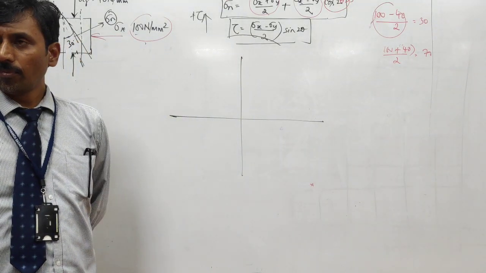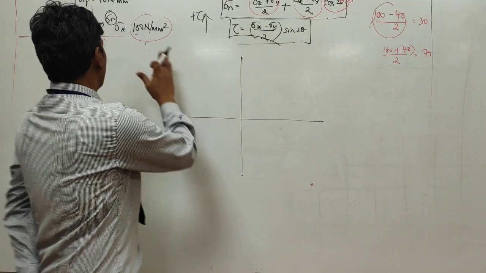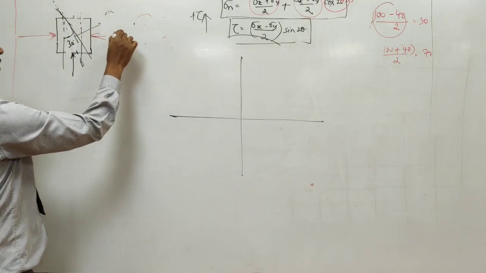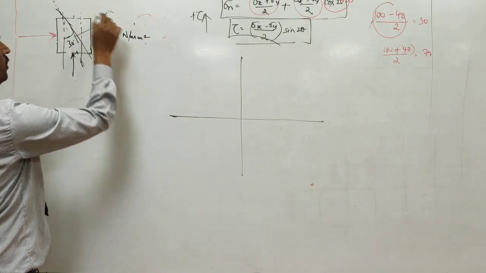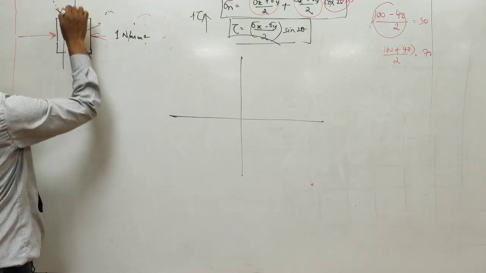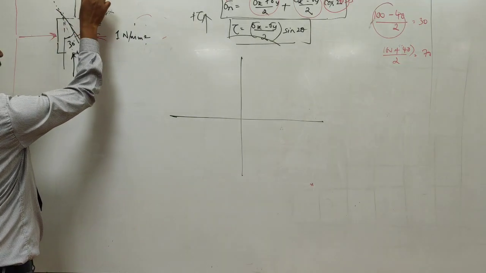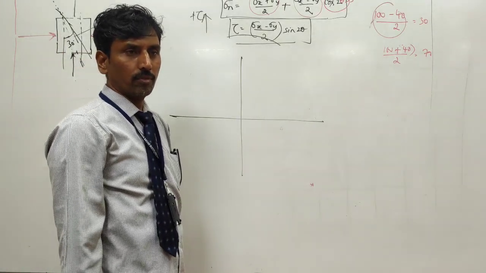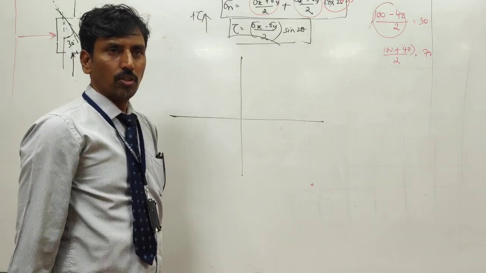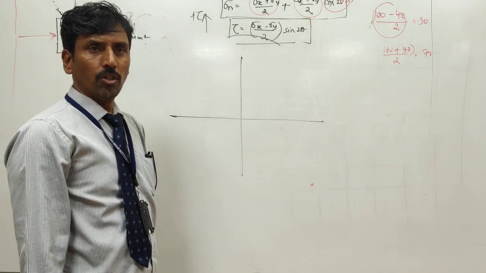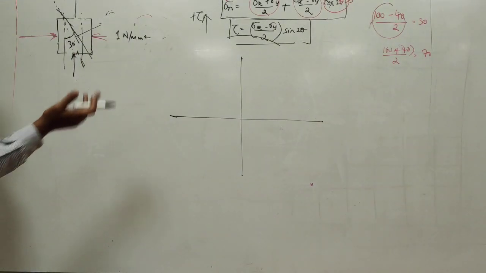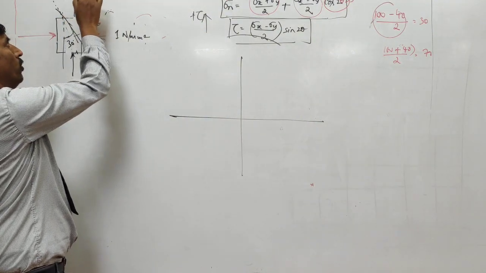Guys, in this, let us say that instead of 100, this is 1 Newton per m square. Sorry, I think instead of 1 Newton, 100 only.